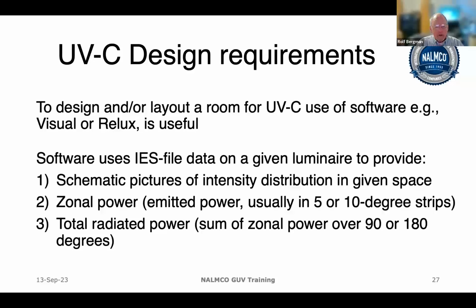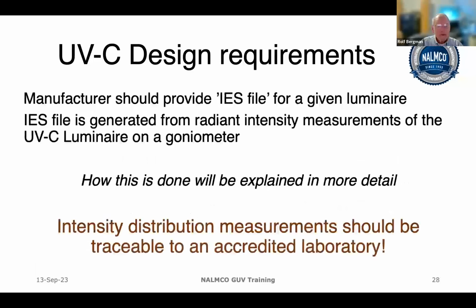So the software then provides schematic pictures of the intensity distribution in a given space. And the IES file also gives you zonal power. That is, the lab will provide the zonal power. Some of this may be available in Visual and Relux as well. And from the sum of the zonal power, you get the total radiated power of the luminaire, depending on its configuration, either over 90 or 180 degrees.